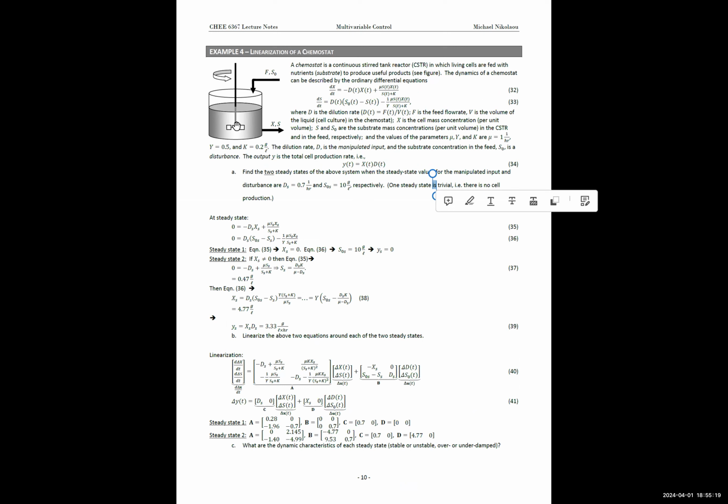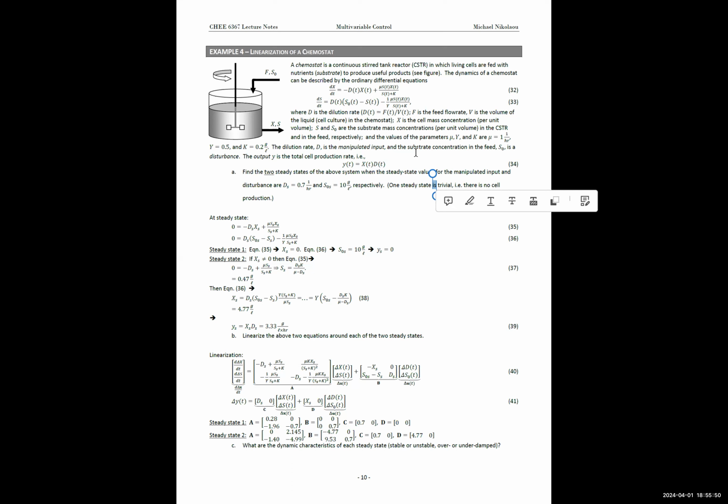Essentially, it's a vessel where cells eat stuff and produce useful stuff. So you do a mass balance on the cells and the food that you feed them. D is what biologists call the dilution rate, which is F over V. It's the inverse of the residence time in the reactor.